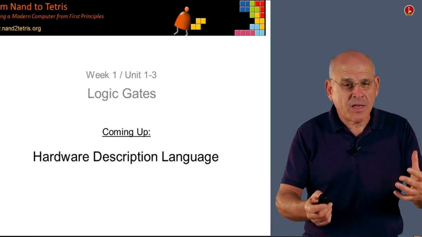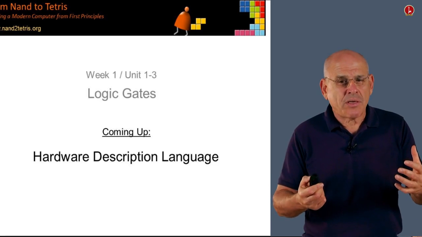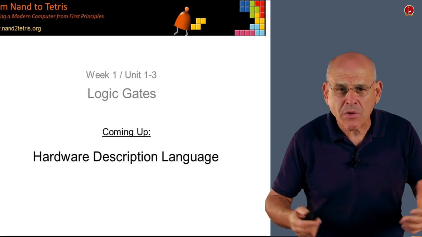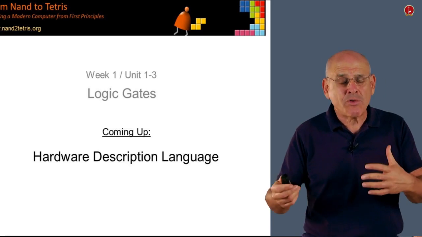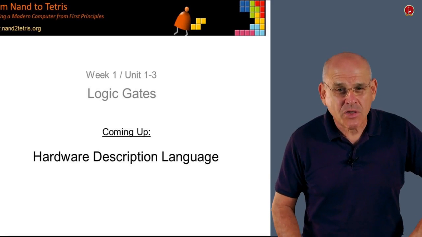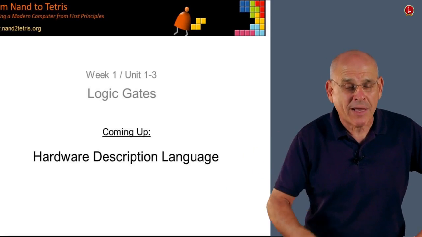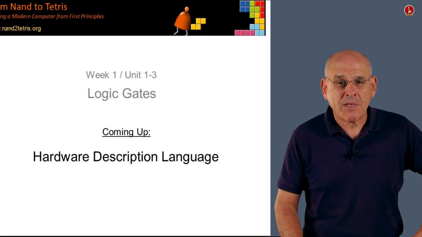And in the next unit, we are going to introduce to you a language, some sort of a programming language called HDL, or hardware description language, with which you can actually build logic gates like the ones you saw in this unit, and far more complex logic gates and chips down the road.